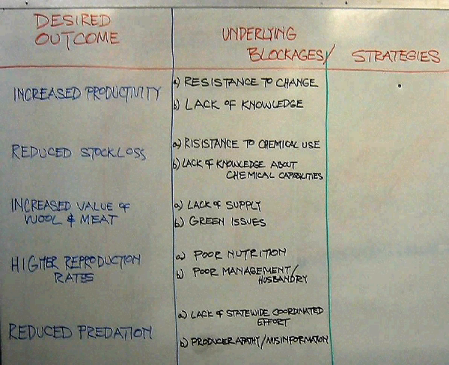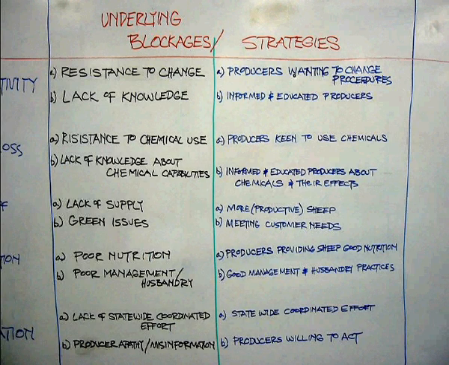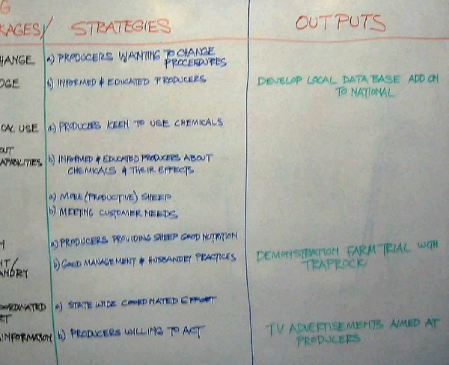Once these critical issues or blockages have been identified, they can be turned from a negative into a positive and thus become strategies. Now, this has occurred without mentioning the word strategy. The next step is to ask the group to develop concrete, real projects, structures or events that either overcome the blockage or will use the strategy to achieve the desired outcome.